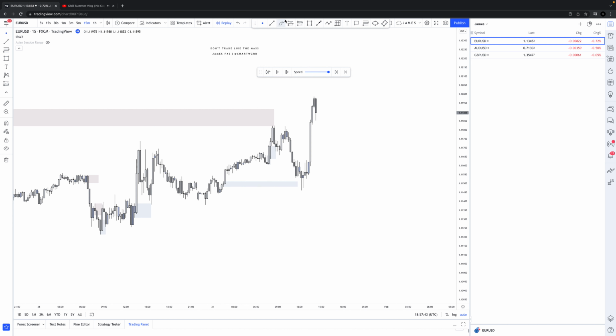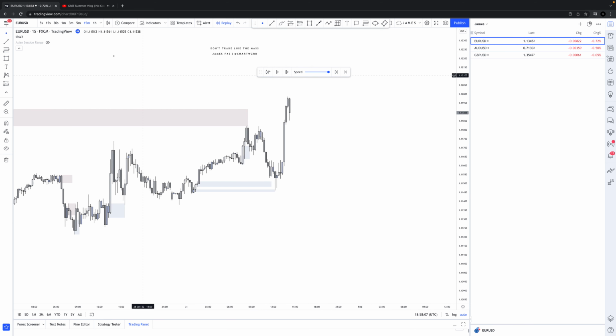Price didn't respect that area, and it actually came lower into this inside bar. But as I say, the wick that comes back is here, so that's not mitigated. And price comes into that, also taking liquidity from buyers up here from these areas of demand, and then boom, we put in a new high.